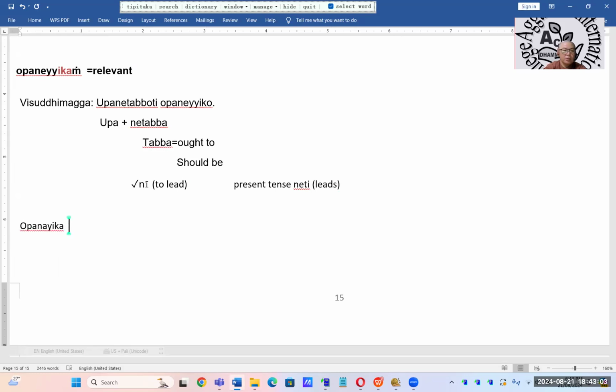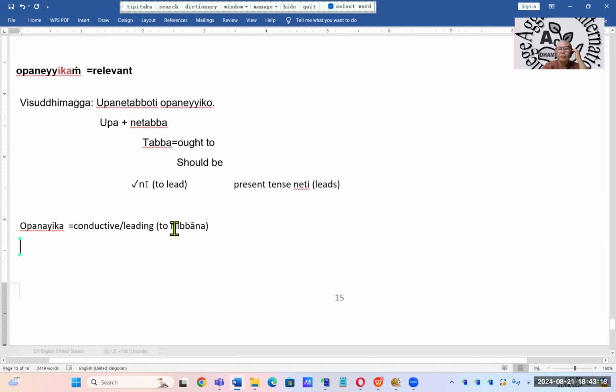Okay, so they call it conducive or leading to Nibbana because of the root ni. All right, so ni. So this is also easy to remember. So the quality of Dhamma should lead to Nibbana. Okay, because if it does not lead to Nibbana, then there's no point in practicing it.